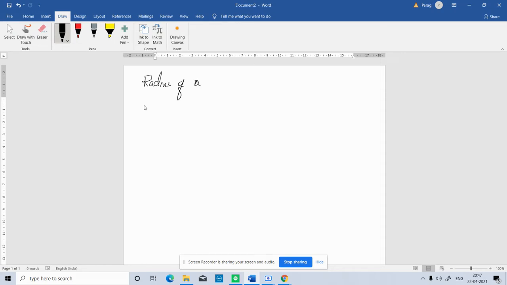It's very important as far as your second year board examination is concerned. So we are going to find out the expression for the radius of the electron's nth orbit.